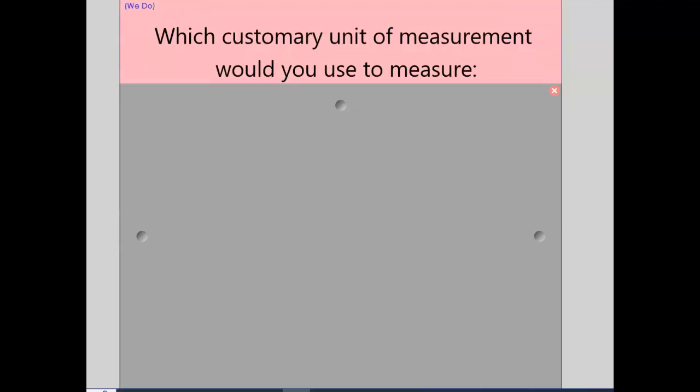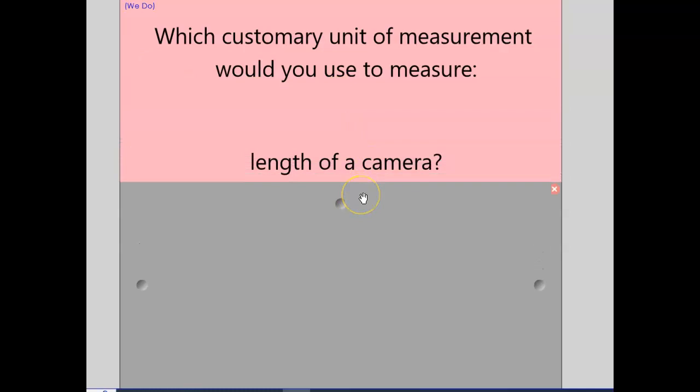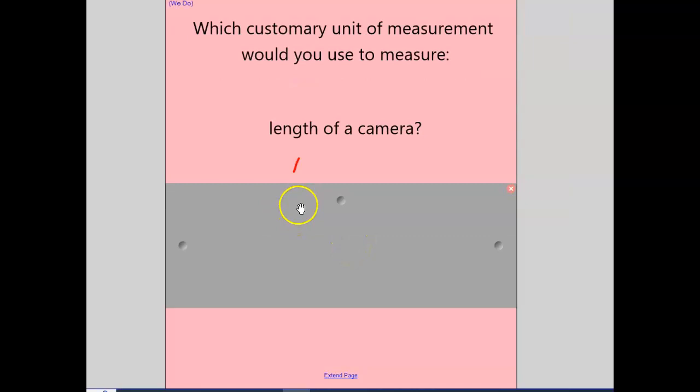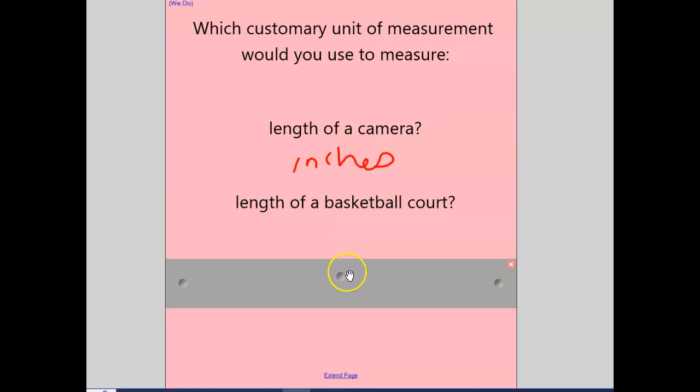Okay. Trying out some more. A camera. The length, the long part of a camera. Would you measure that in inches, feet, or yards? Awesome. That would be realistically in inches. Basketball court, what do you think it would be? Inches, feet, or yards? Probably would be yards.